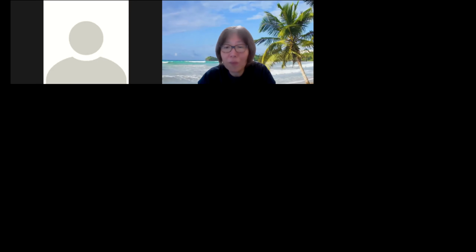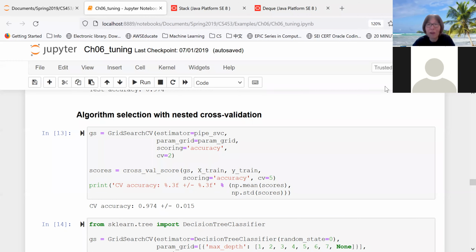How are we supposed to do that? Over here, for the grid search, we set up the grid search model. The estimator is the pipeline, the pipeline with the support vector machine. And here is the parameter grid. The parameter grid, if you recall, is regarding C and gamma.